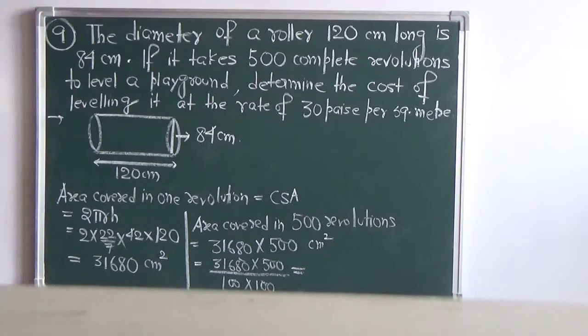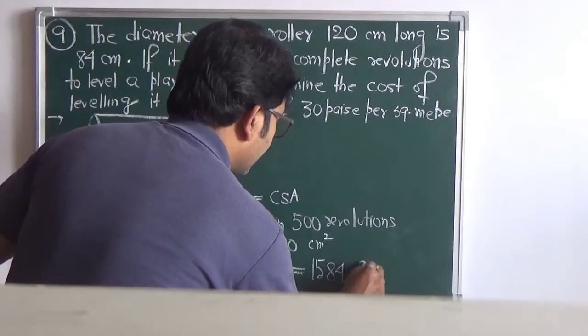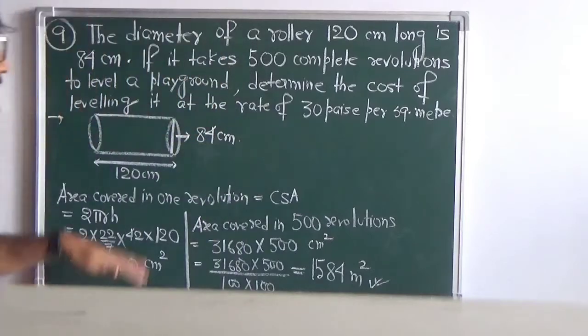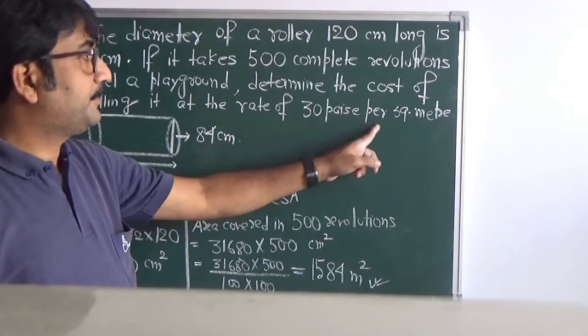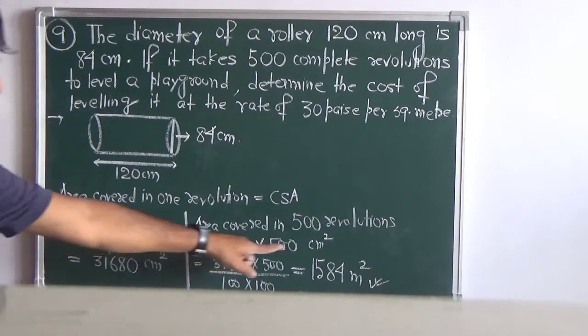If you do the calculation, this will come to 1584. This is now in meter square. Be careful, the rate is given as 30 paisa per square meter, so don't multiply directly with the centimeter square value.